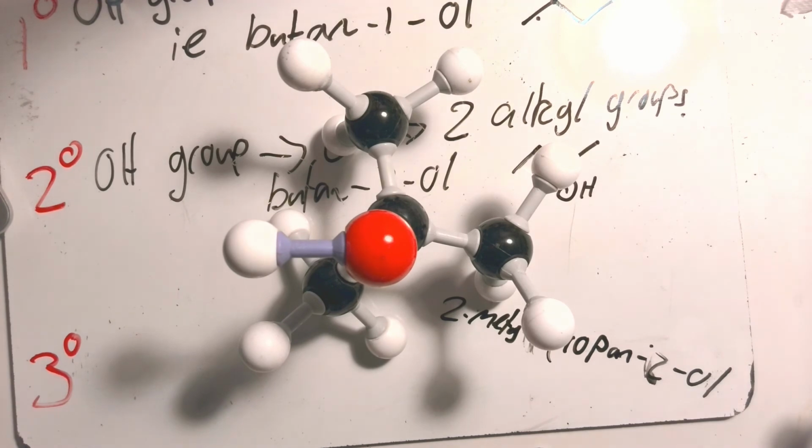You need to put a lot of energy in, and even then it's unlikely to do anything. So for all intents and purposes, these are stable during oxidation. You can combust them, but they're more stable compared to the other 2, and you're not going to get any sort of oxidation forming aldehydes or ketones.